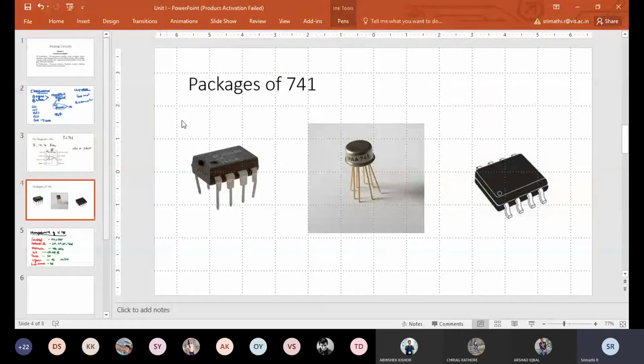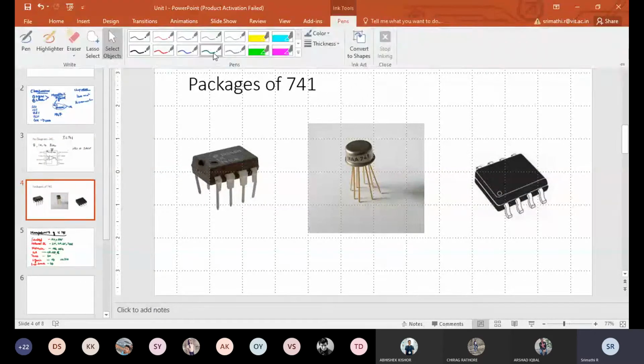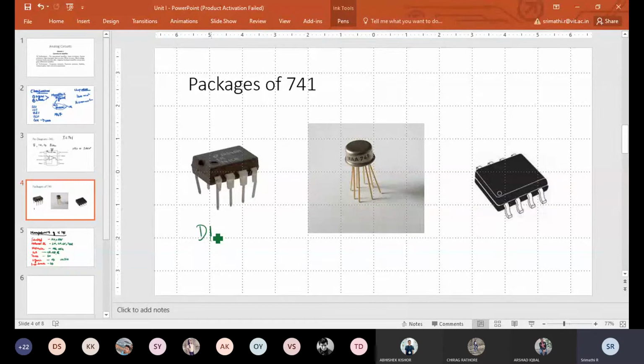Different types of packages are available for the IC. The first one is the dual inline package, DIP package. We can insert this in a breadboard. And this one is the TO package, otherwise called the metal can package.